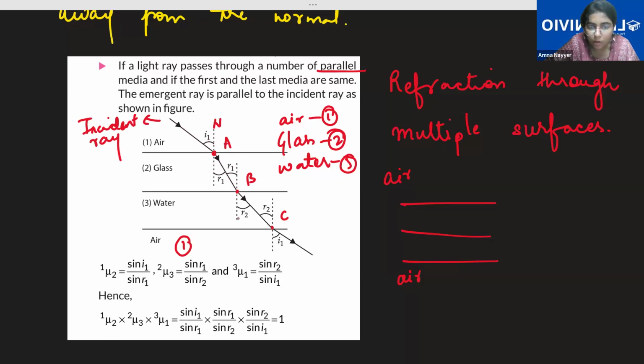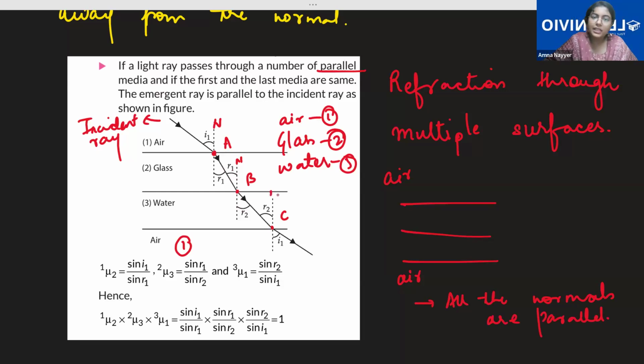Now, when you take the normal again, this normal and this normal are both parallel. Here, I'll mention all the normals are parallel. So by geometry, these become your alternate angles. So this becomes R1. Now this R1 is the angle of incidence for the glass-water interface. From here it gets refracted again and you get another angle of refraction, that is R2.